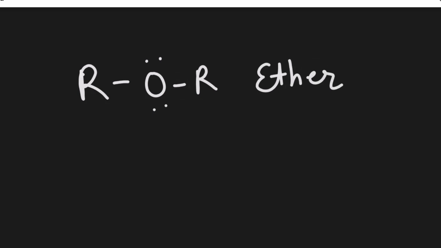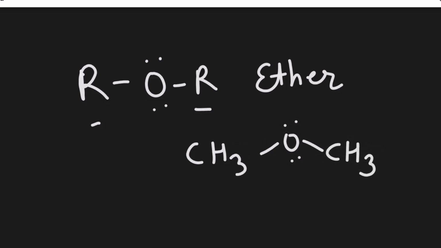So the next one is an ether. Whenever you see an oxygen attached to 2 R groups or 2 alkyl groups, that functional group is called an ether. For example, CH3 O CH3.